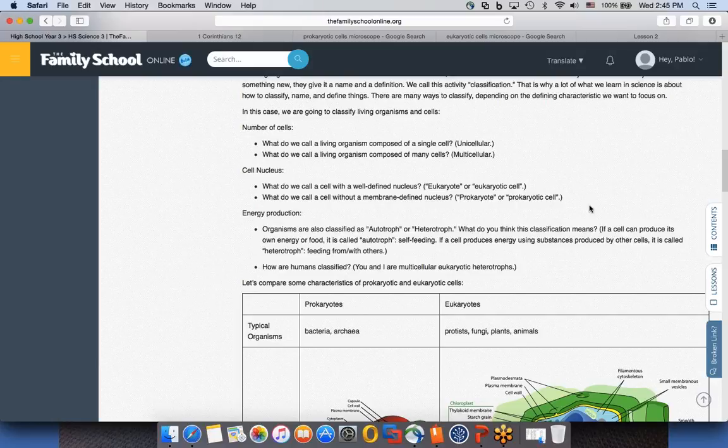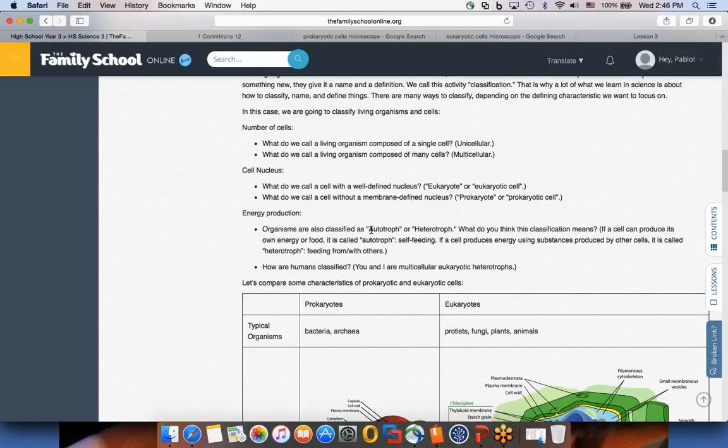So someone mentioned that autotroph produces energy from the sun. Most plants use sunlight to produce energy, and we are going to study that, I think, in lesson 11, 12, something like that, the processes of photosynthesis.